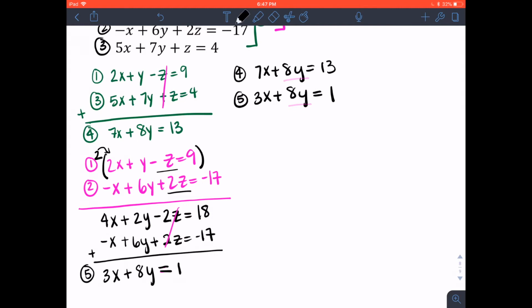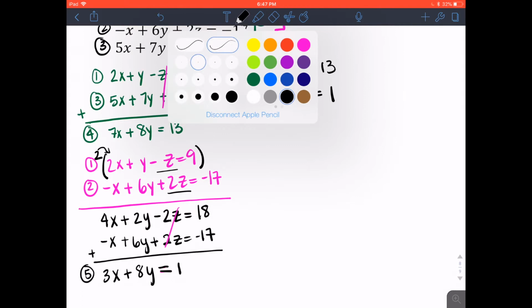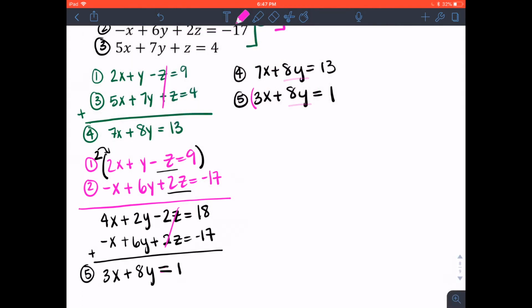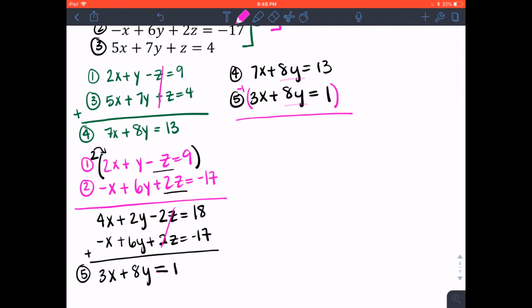So I need to multiply one of the equations by a negative 1 to make this happen. So I'm going to multiply the bottom by negative 1. Because if I multiply negative 1 with 8, that makes a minus 8y, so that I can cancel out with the top 8y.